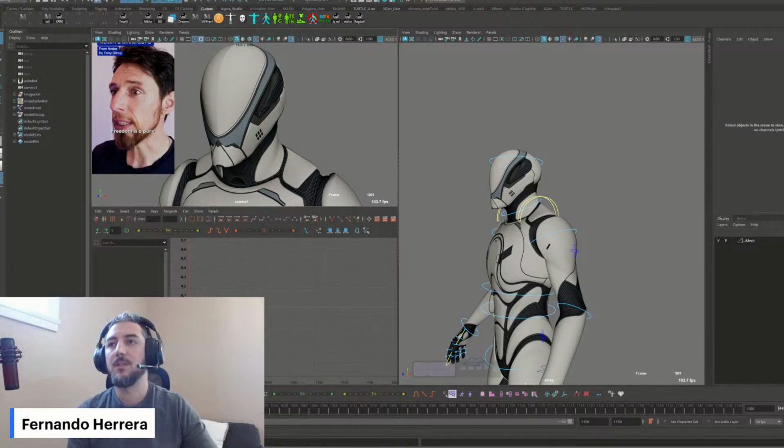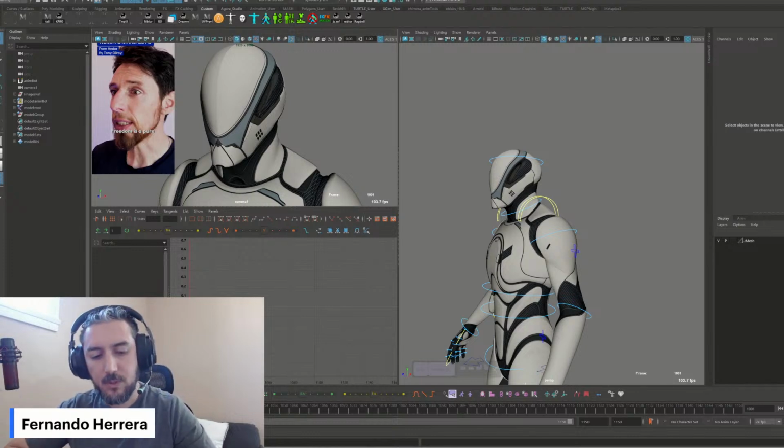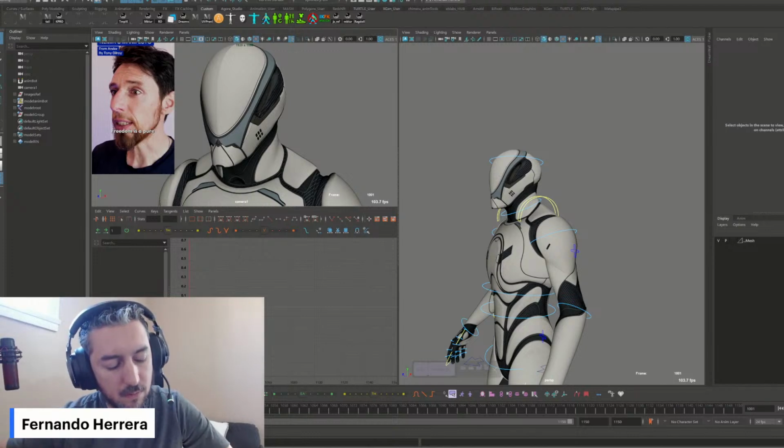But if you're aiming for a shot like this with facial and stuff like that, a student would usually take at least 6 to 8 weeks if you're animating a full shot with facial polishing. I think that's the amount of time that you need.